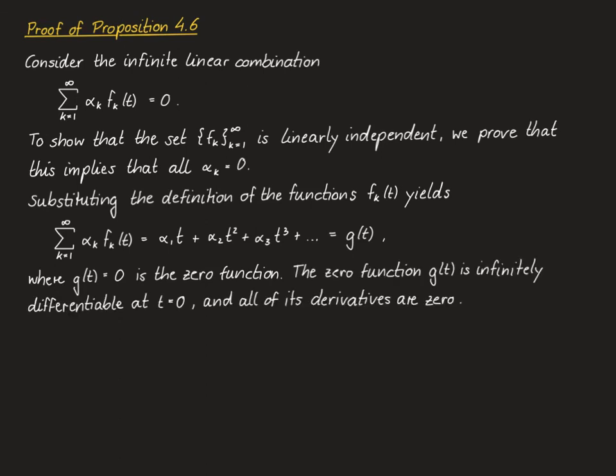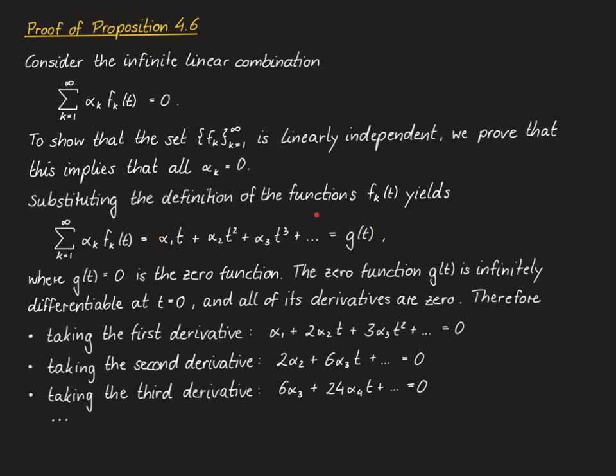Now, even though the single functions fk of t are just continuous and we don't know anything about their differentiability, by the assumption that the infinite linear combination is 0, we know that this infinite sum must be infinitely differentiable because it's equal to the 0 function, and the 0 function is infinitely differentiable at the point t equals 0. In fact, all of its derivatives are 0. Therefore, we can take derivatives of both sides of this equation of increasing order.